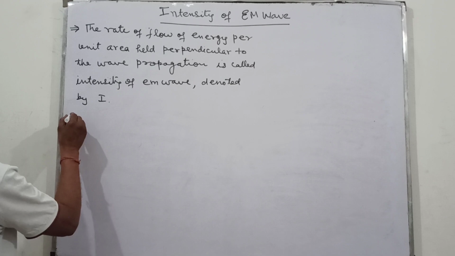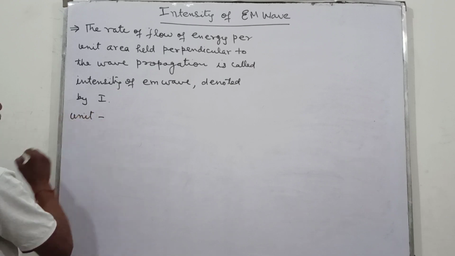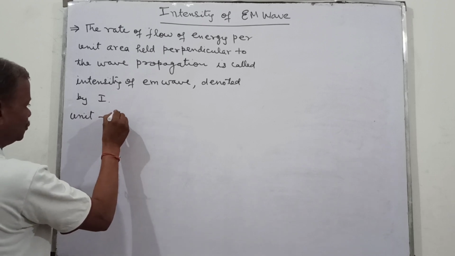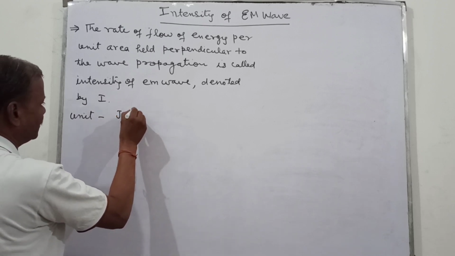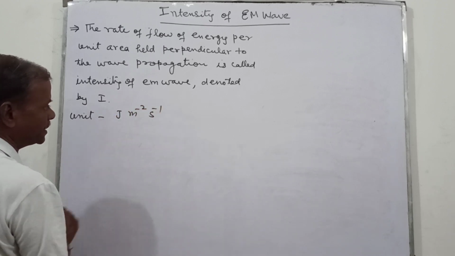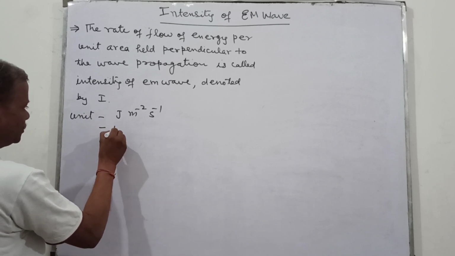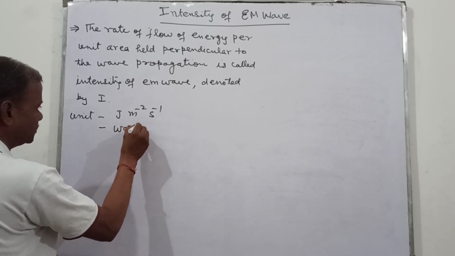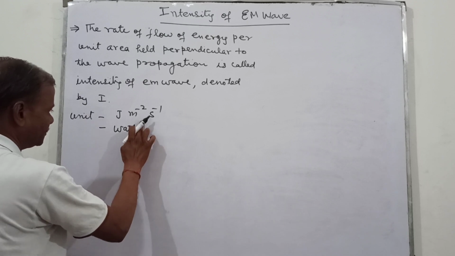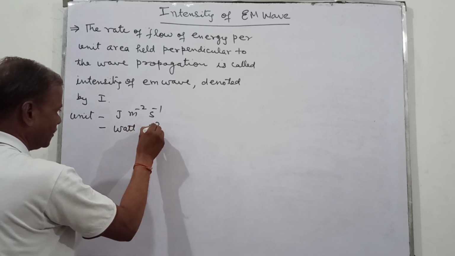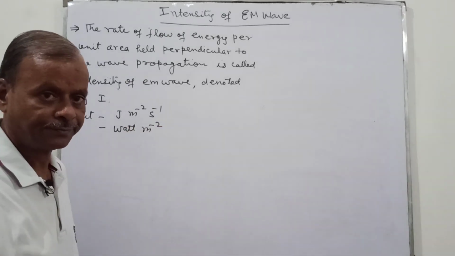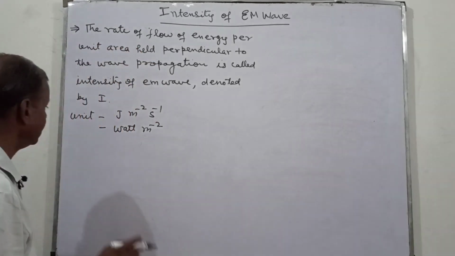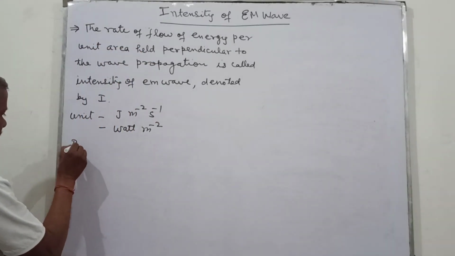So now this unit is your joule per meter square per second, or this is equal to watt per meter square. Watt per meter square. This is the unit, and that you can have the dimensions.